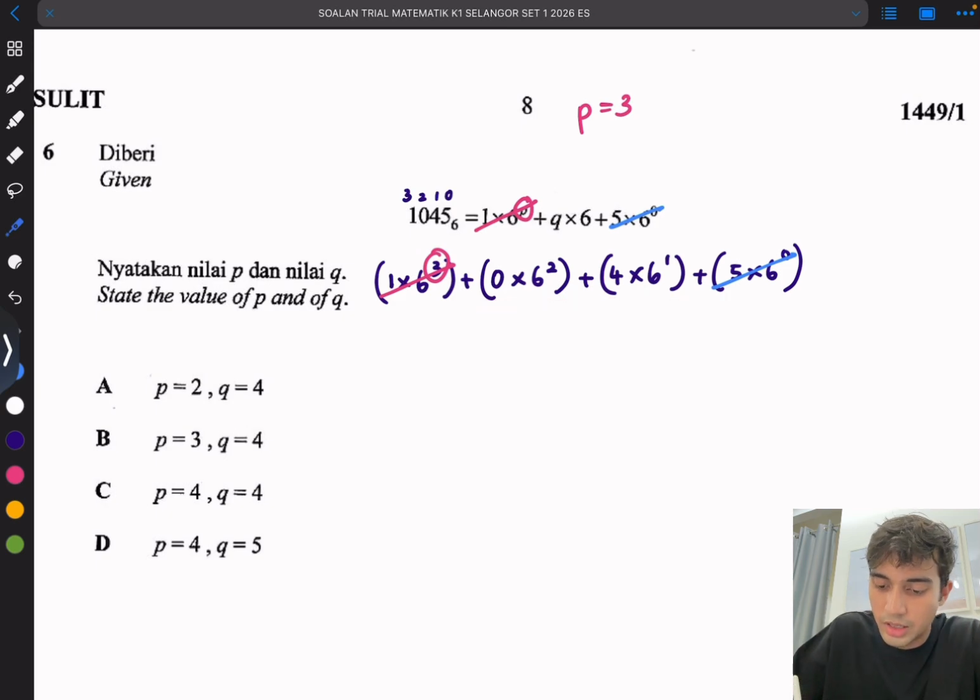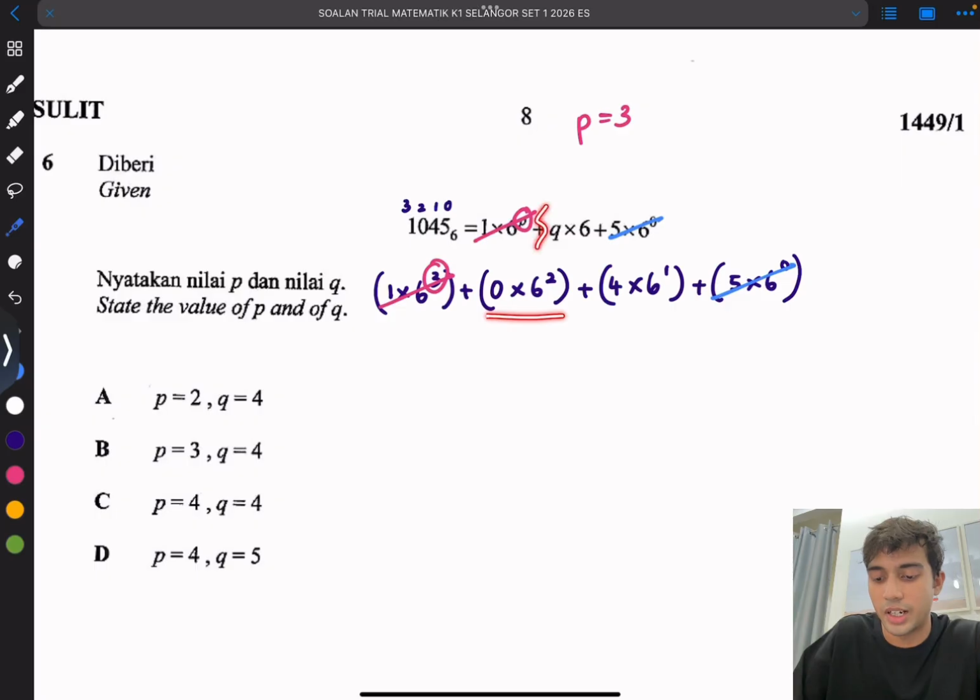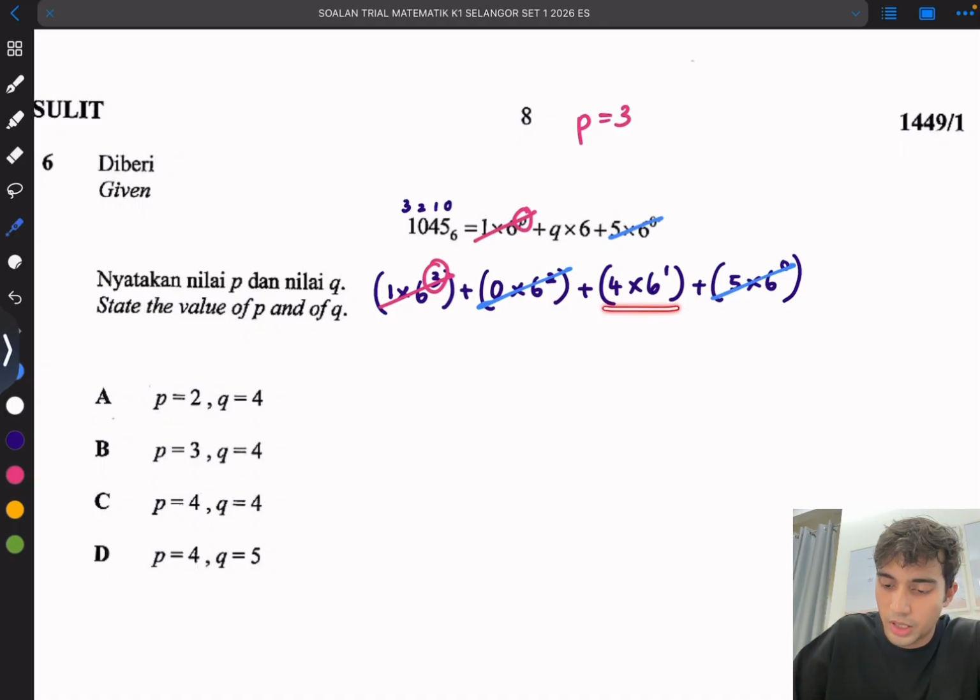Okay, but here we have 0. 0 times anything is just 0 lah. That's why they never write anything here. So this one also, 4 times 6 power 1 is q times 6 power 1. That means q must be 4. So P is 3, Q is 4, answer B.